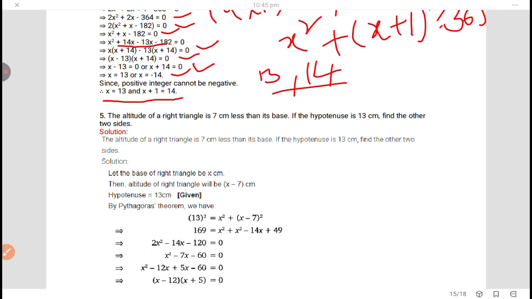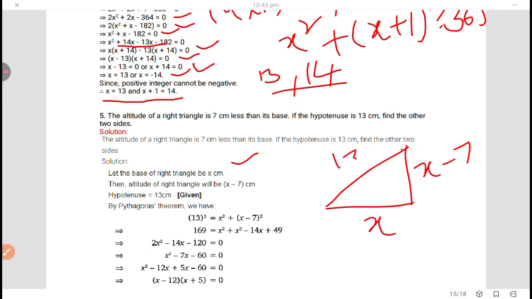The altitude of a right angle triangle is 7 less than its base. If the hypotenuse is 13, find the other two sides. Let the base of the triangle be x. Then the altitude is x minus 7. Then the hypotenuse is 13.